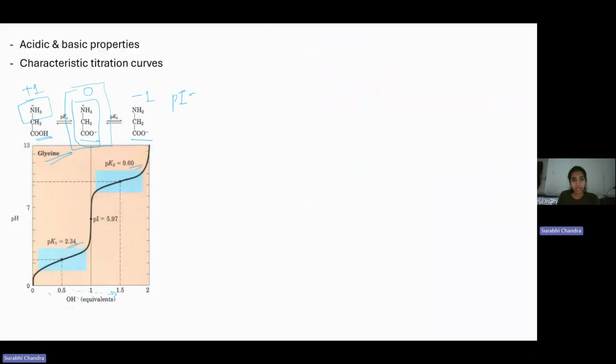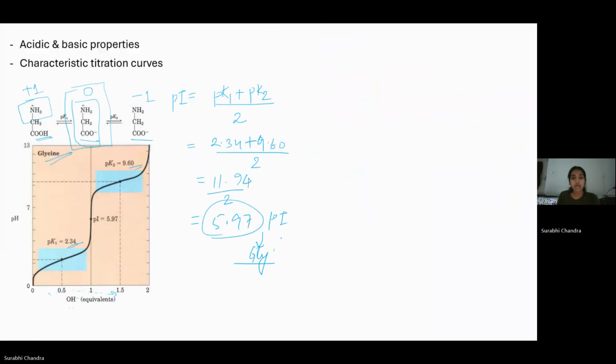We find the pI by taking the average of pK1 plus pK2: 2.34 plus 9.60 is 11.94, divided by 2 is 5.97. This is the pI of glycine.